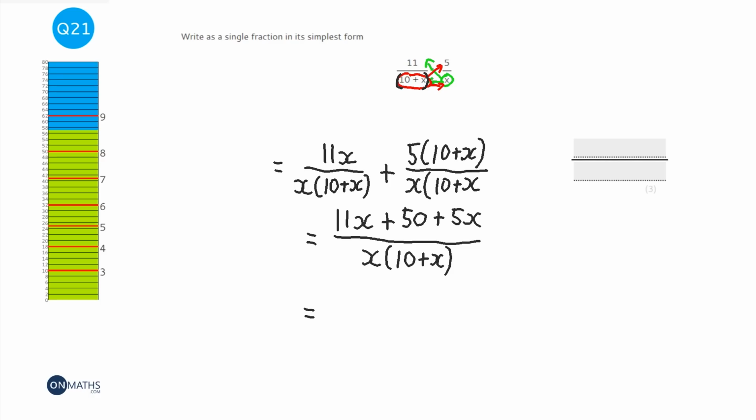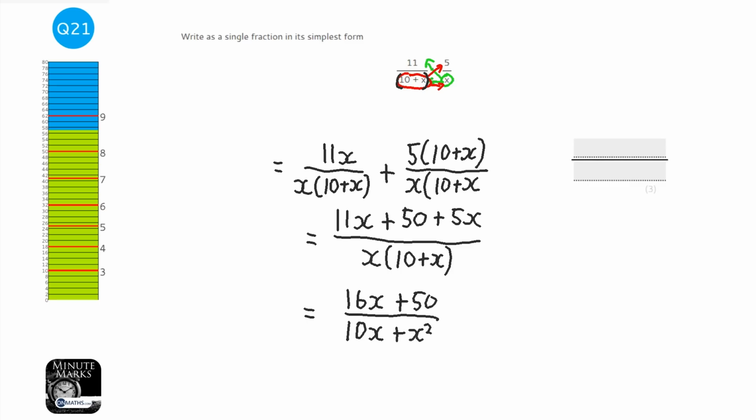Okay, now we've got 11x plus 5x, which is 16x plus 50, over, and I'll expand the bottom one, so it's 10x plus x squared. So my answer is 16x plus 50, and you normally go by powers of x, so I'm going to do x squared plus 10x.